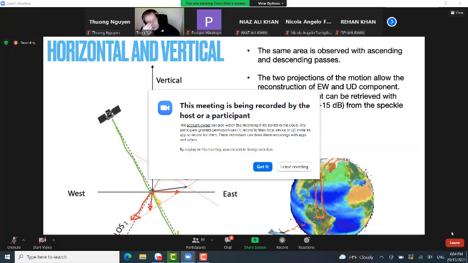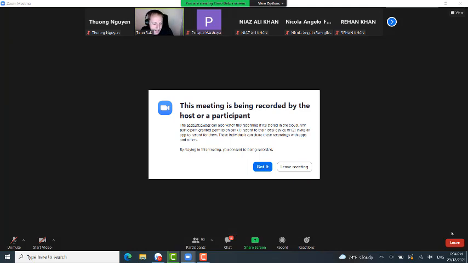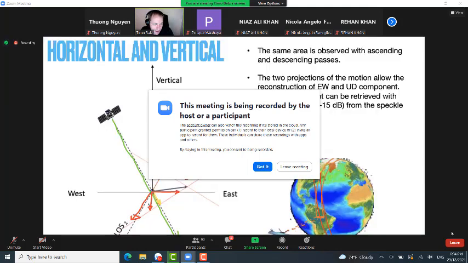Actually, as they're not 90 degrees to each other, they're slightly tilted, you get a 3D measurement. You can get to a 3D deformation vector for each point, as long as you make sure that you look at the same point from both orbits. Then you can separate these measurements into a 3D motion vector, and so you get much more information about the nature of the motion.